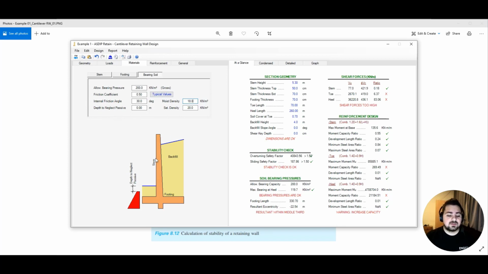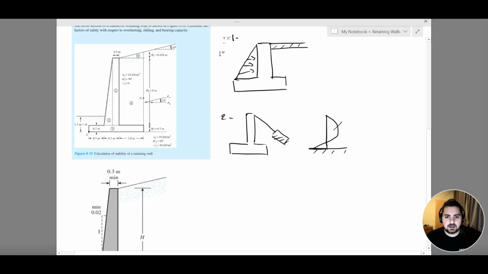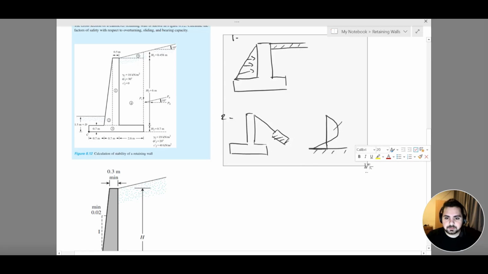First, let's talk about the active soil pressure. The active soil pressure usually occurs here on the backfill side. Your backfill is applying stress that is equivalent to Ka times gamma soil times H. So let's draw it in order for us to better understand this concept.